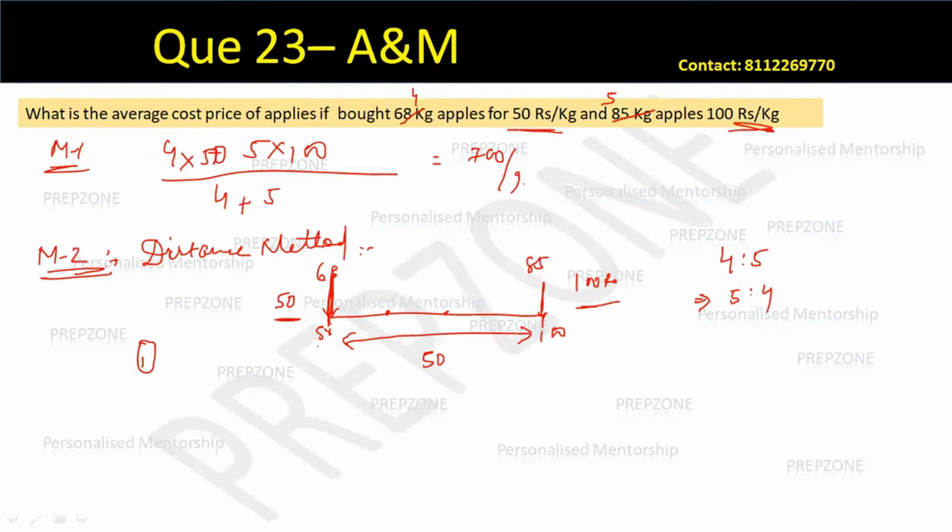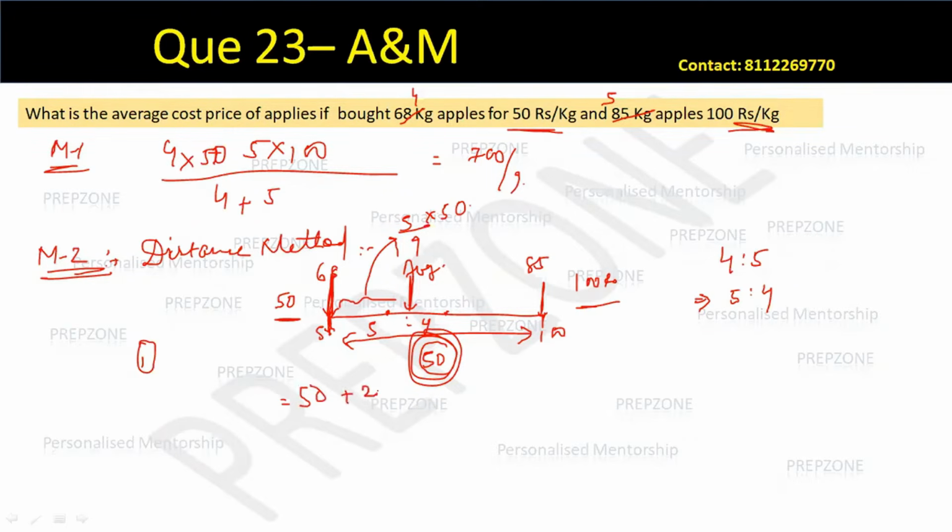Okay. If it is 5:4 and I have a total distance of 50 between these two entities, so मेरा central point कहाँ पे आएगा? Central point will be at a distance of 50 से कितना आगे होगा? It has to be at a ratio of 5:4. So this distance will be nothing but 5/9 into 50. Okay, so this is going to be my average price, which is 250/9 units away from 50.